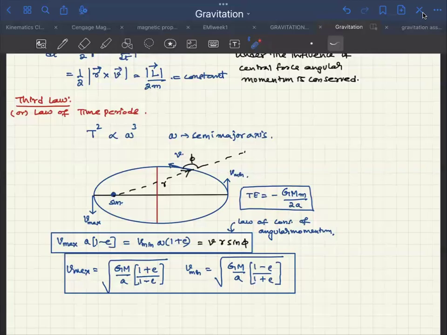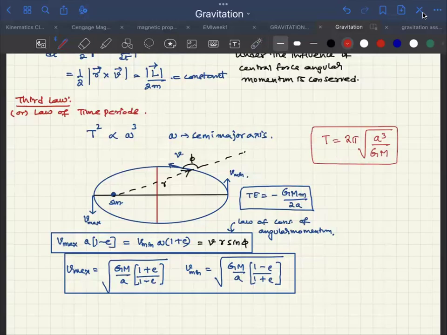Then for such an ellipse, T square is proportional to A cube, and T is nothing but 2 pi root A cube by G capital M. This is Kepler's third law. The square of the time period of revolution is proportional to the cube of the semi-major axis distance.